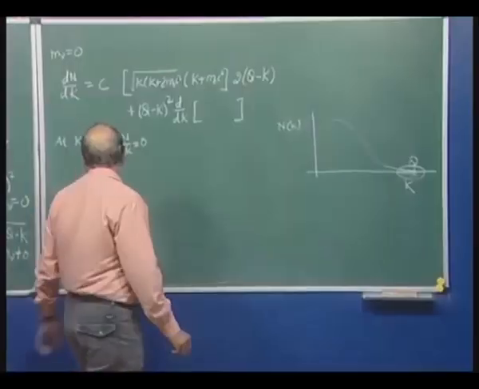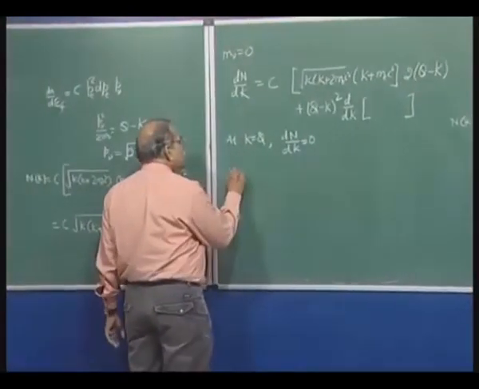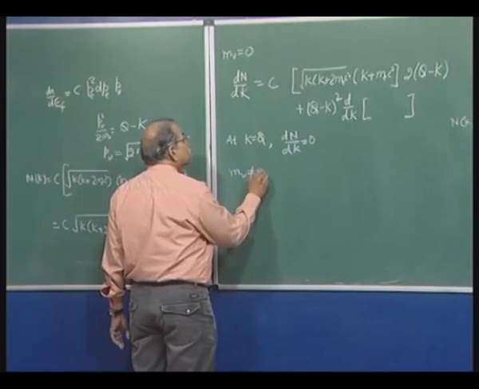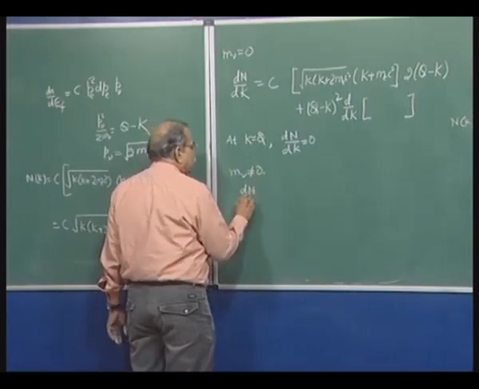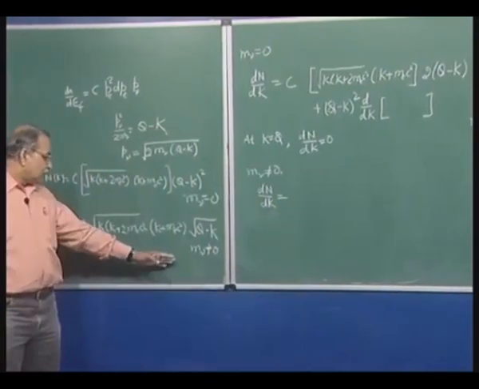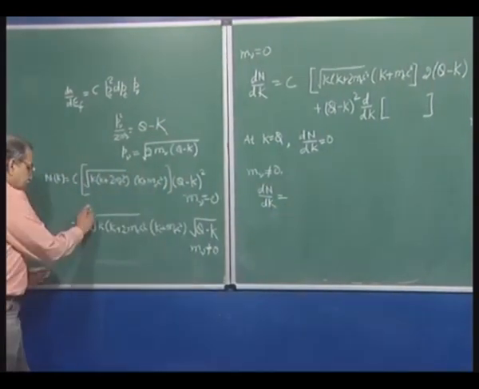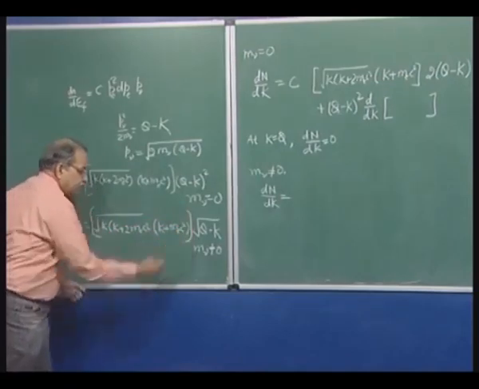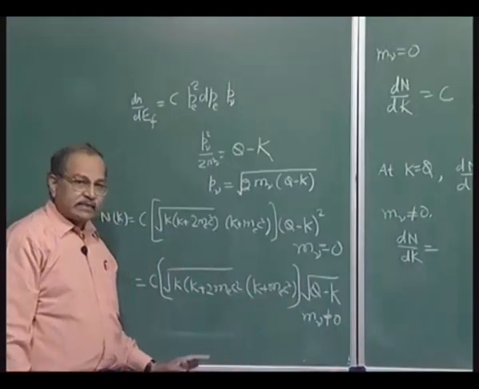On the other hand, if you take m_nu not equal to 0, then you use another expression. Once again take this as the first factor and this as the second factor.